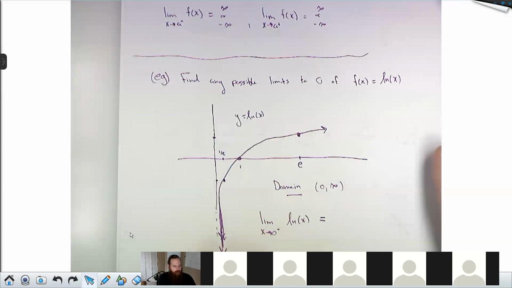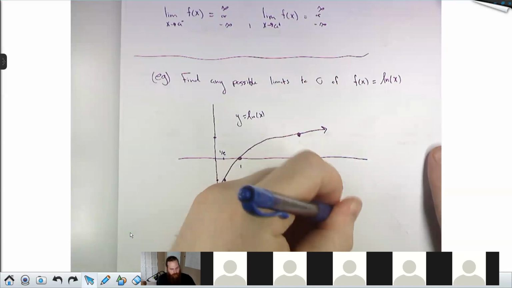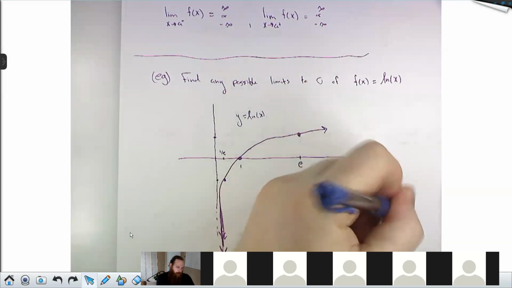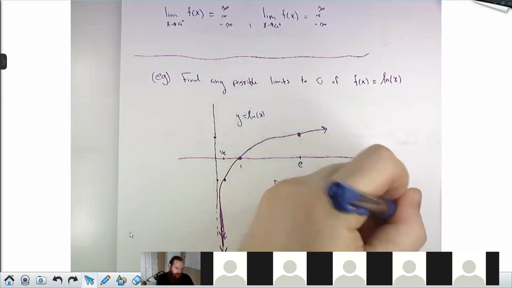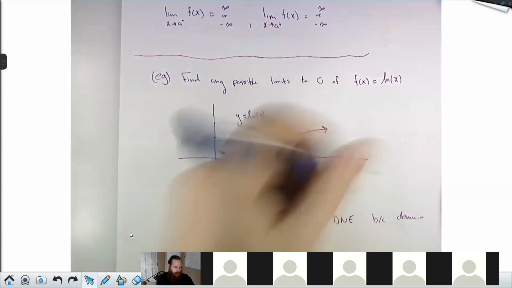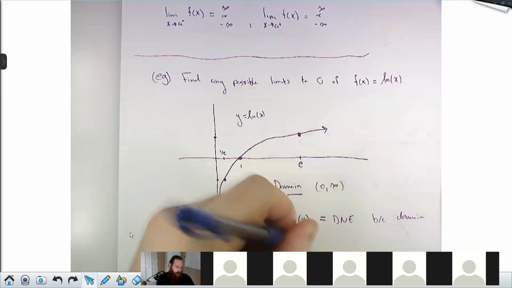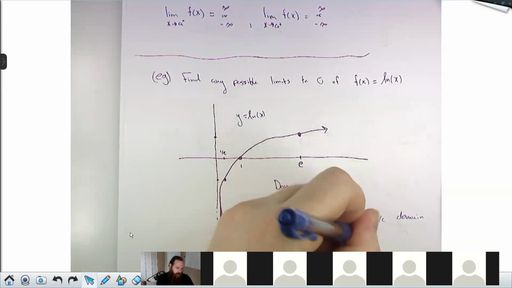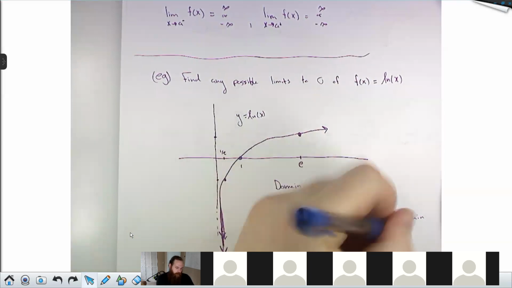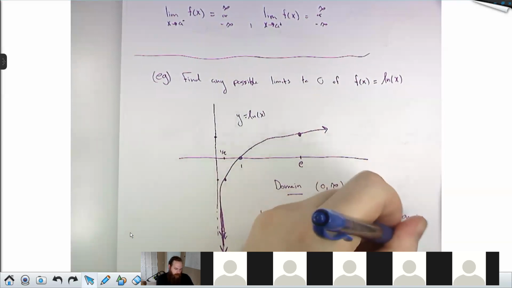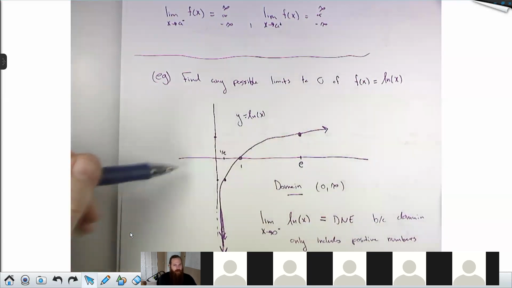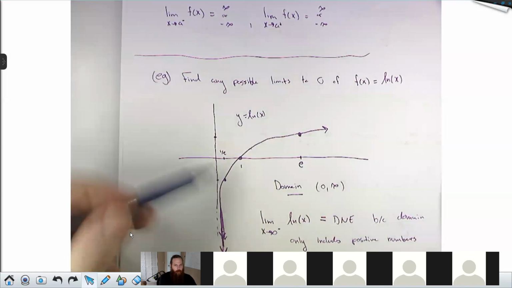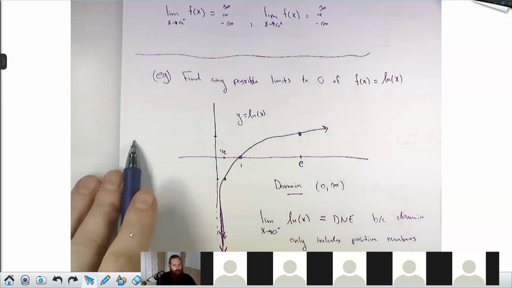So this does not exist, because the domain only includes positive numbers. I can't try to sneak up on 0 from the left and stay along this graph because there is no part of this graph to the left of 0.